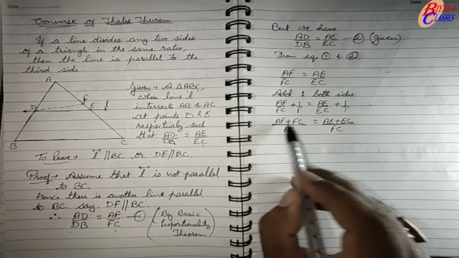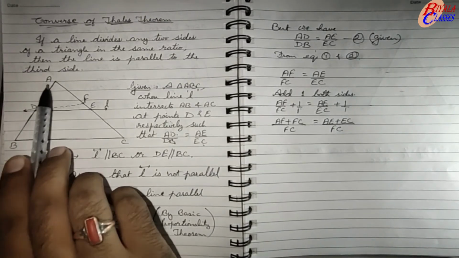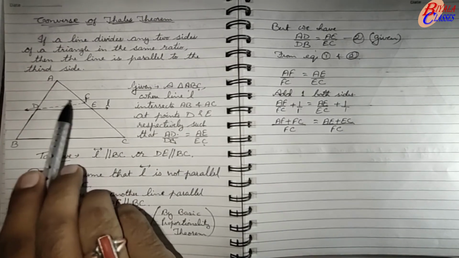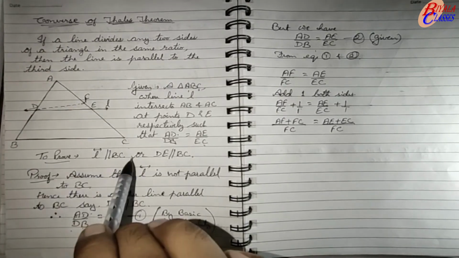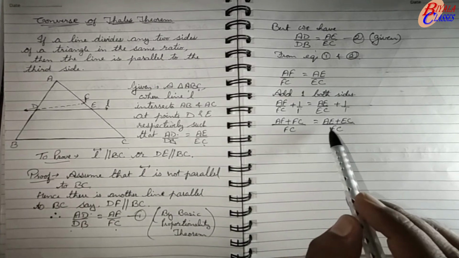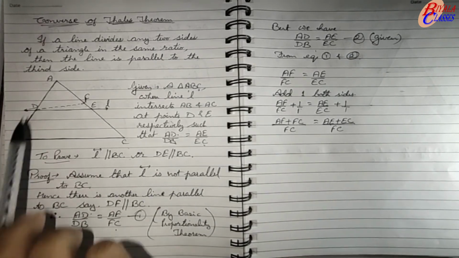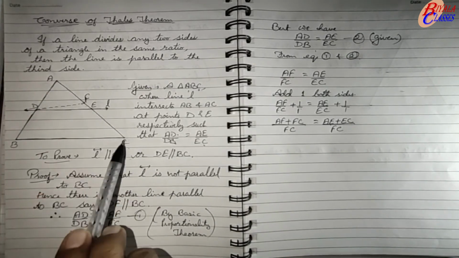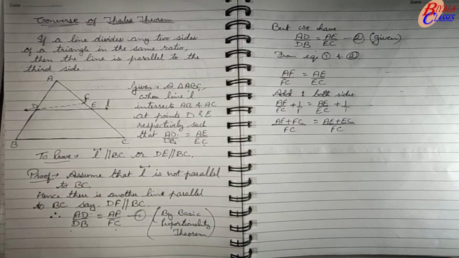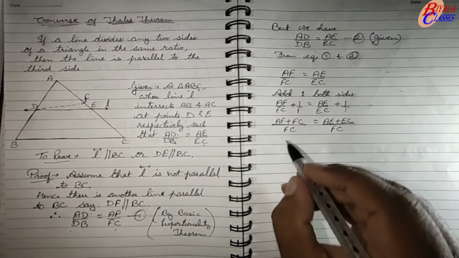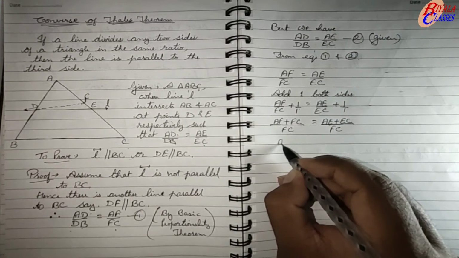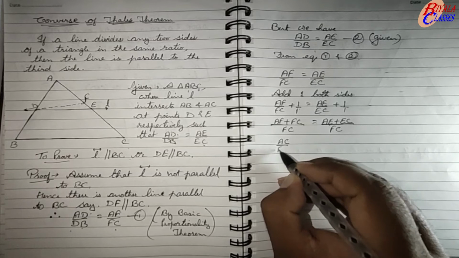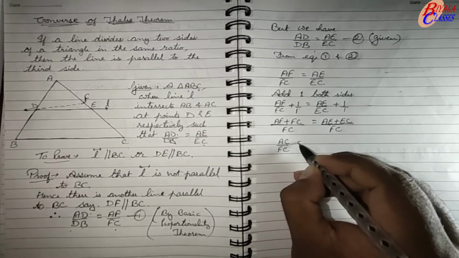Now what is AF plus FC? If you come back to the figure, the sum of these two parts is equal to AC. And similarly, what is AE plus EC? That is also equal to AC. So in place of AF plus FC, we take AC, so we have AC upon FC.